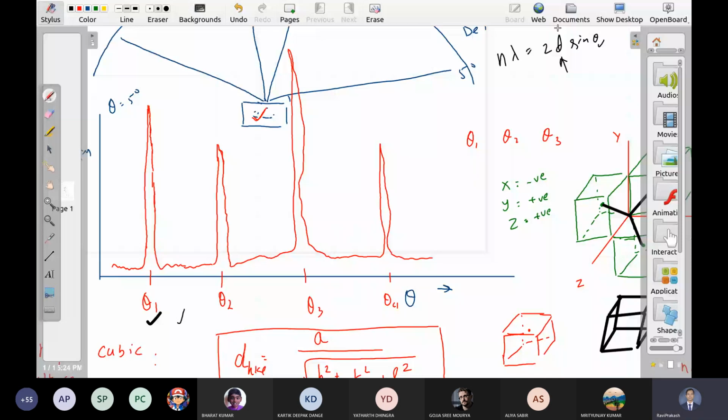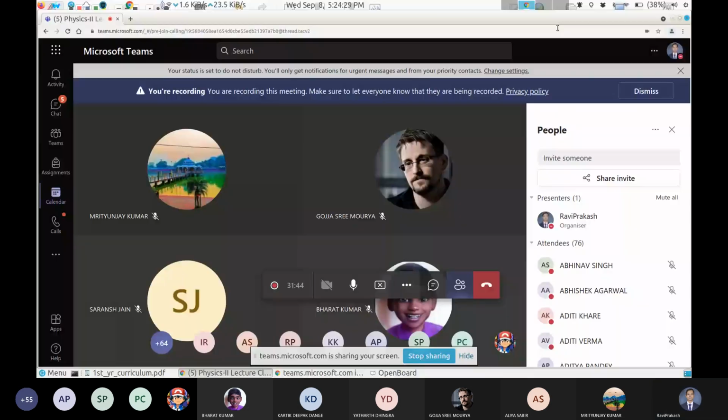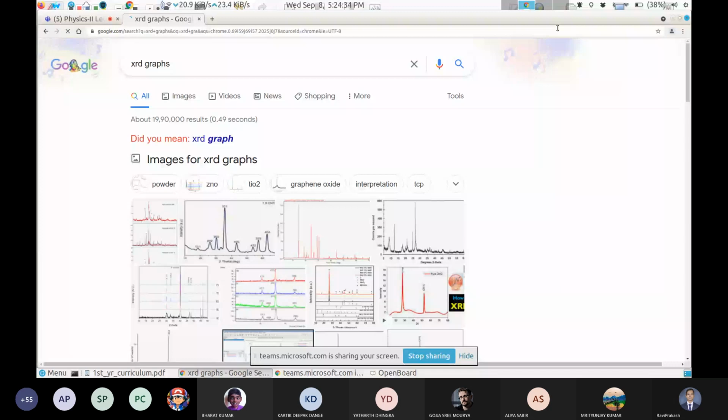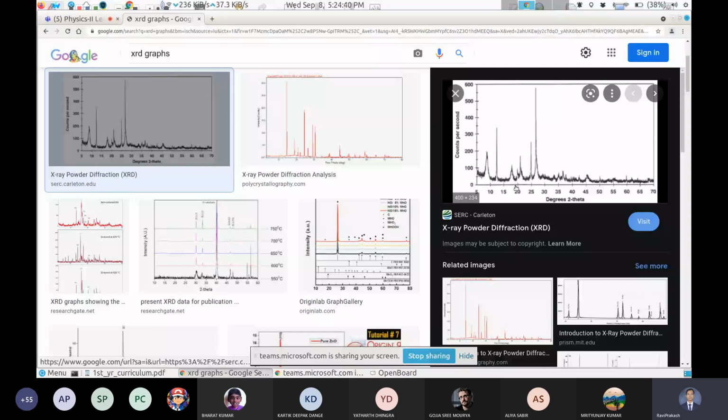Let me show you some real XRD patterns. You can see them on the net. You get peaks like this. Can you see any order? There is no order in the intensities.